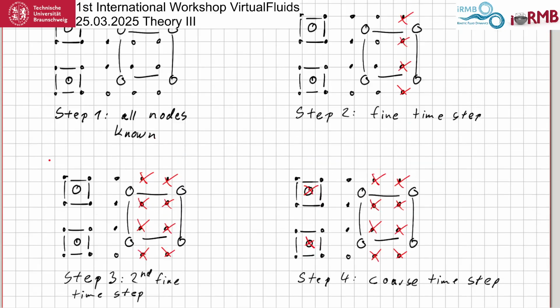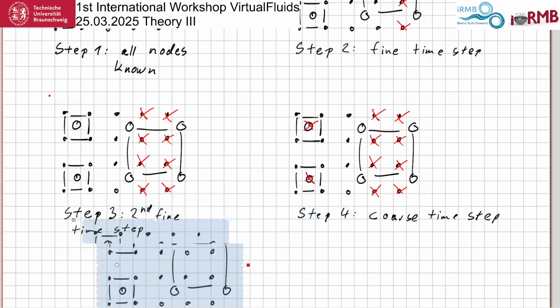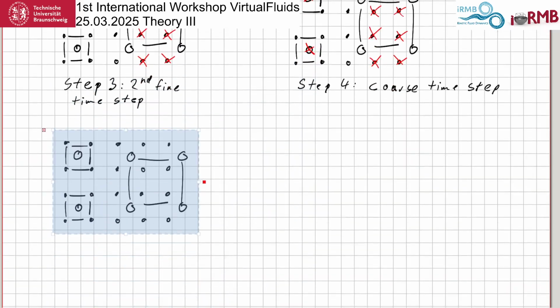And now let me copy this here again. So in this last step, we are doing the interpolation in these interpolation cells. So we put them to green.